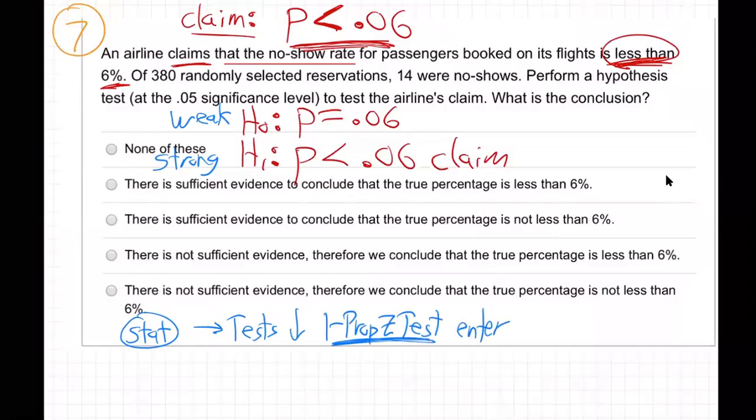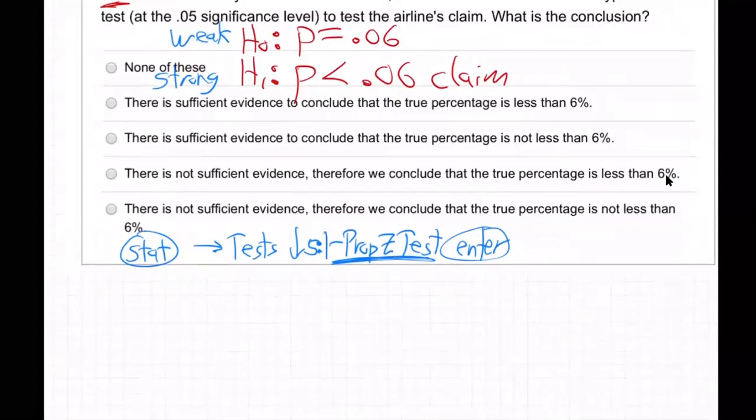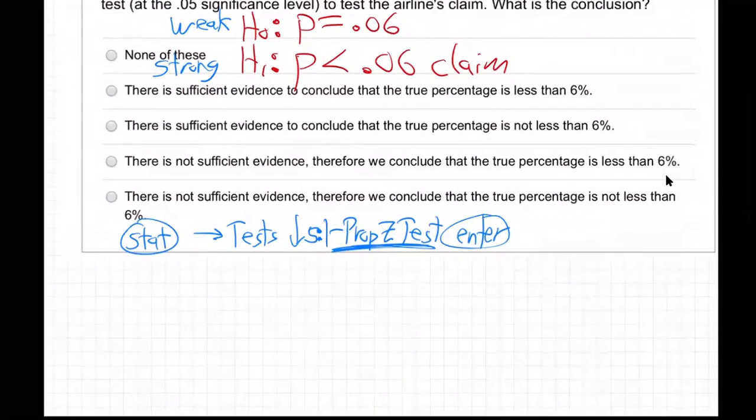Right, so I got that off the notes. One prop Z test. And when you hit it, there's number 5, I think. Yeah, number 5. One prop Z test. Number 5, hit enter. All right, and then you get the options. And what pops up on the screen is P0, X, N, and then the proportion.